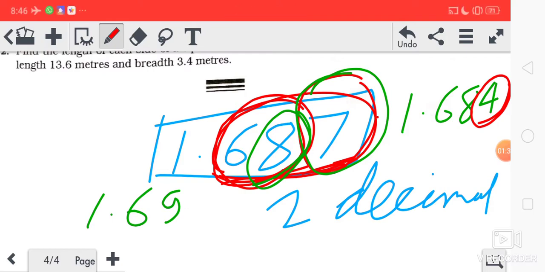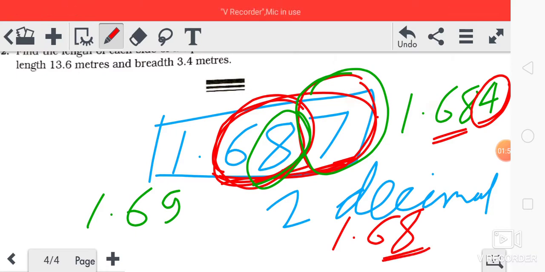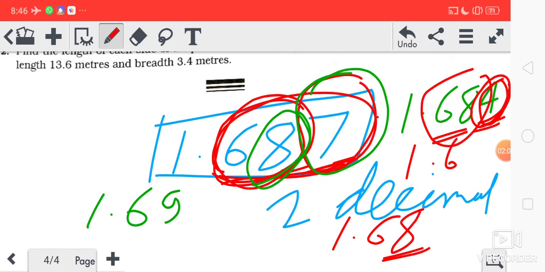So what we have to do, we round it off as 1.68 only. We don't have to increase it. But if the last digit is 5 or more than 5, then we round off 1.68 as 1.69.